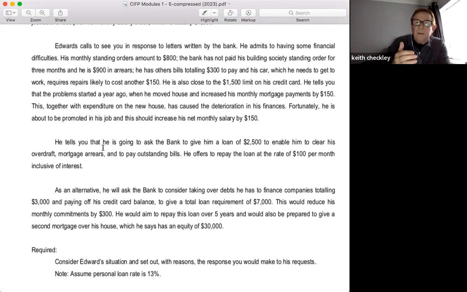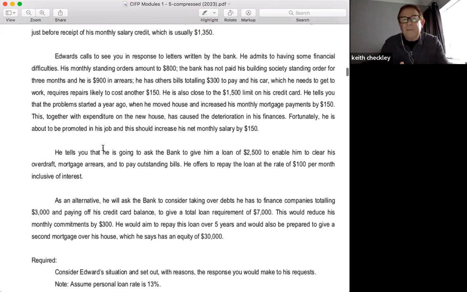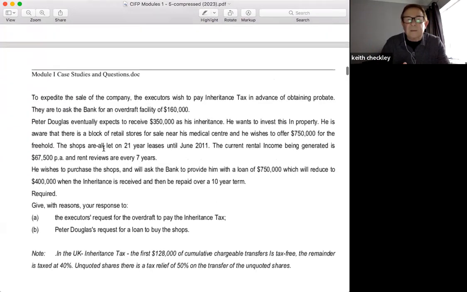What would be good financial planning control as we move forward? It's not like policeman control. What we're trying to do is work with the client and not just put the file away and think, well, that's the end of Edwards, that's sorted out. Because as you're saying, if we help him out of this situation, what do you think will happen? What would your suggestion be?